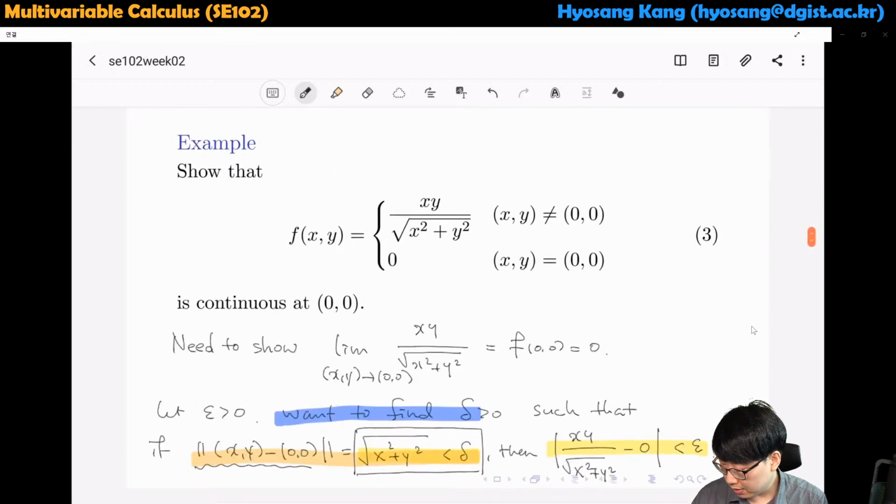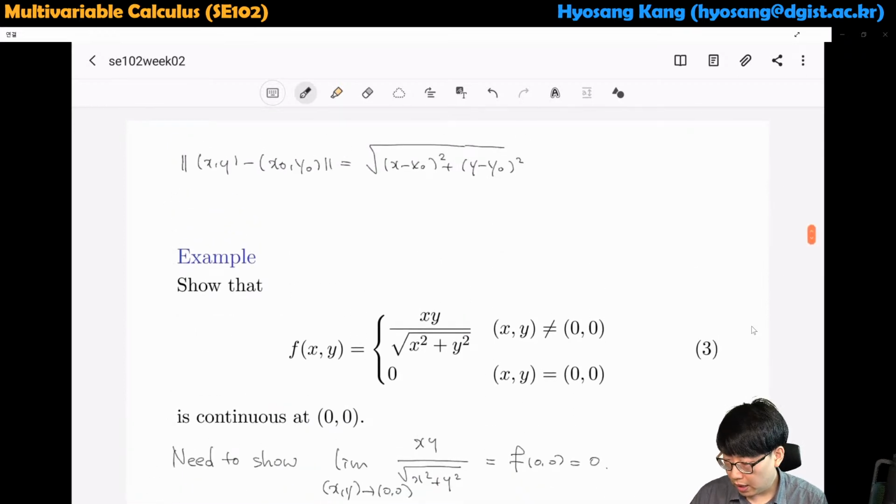Luckily we had the distance formula as the denominator of the function, but sometimes we may not have the luck, so we have to work with the inequality where x0 or y0 stays inside the formula, and somehow we have to pull out the desired inequality about epsilon. So basically what you're saying is right. We do it this way in general for two variable functions. Okay, thank you for asking.